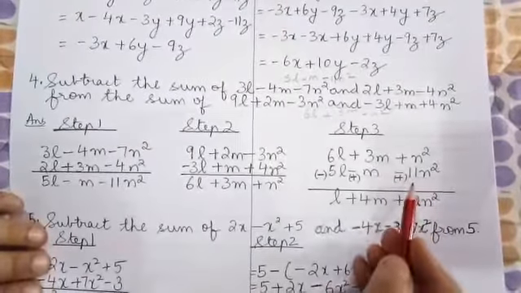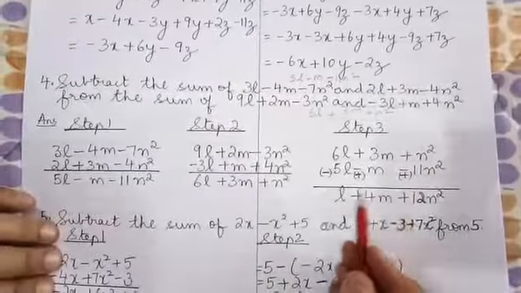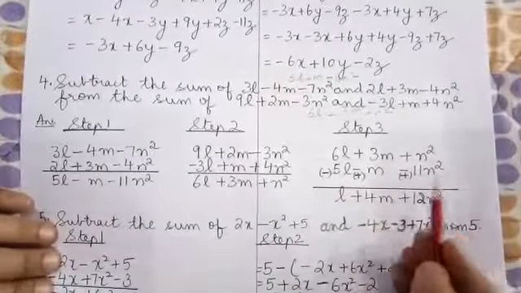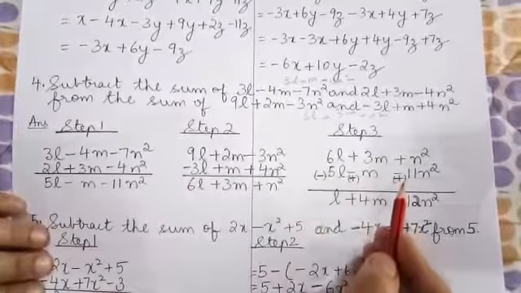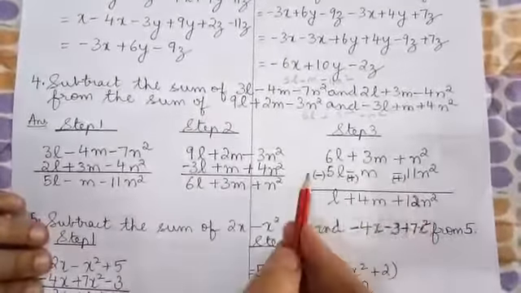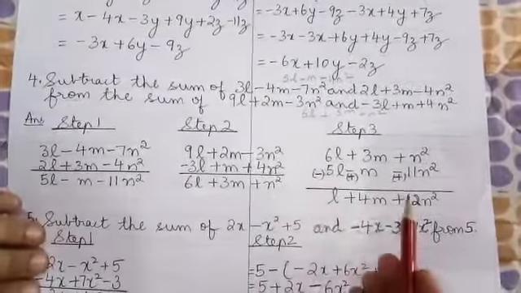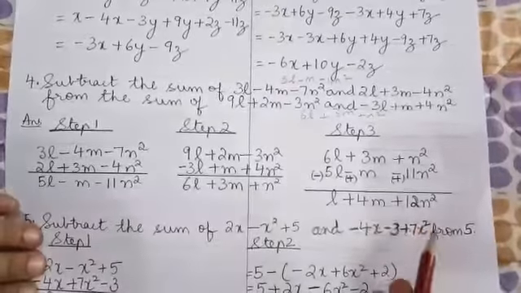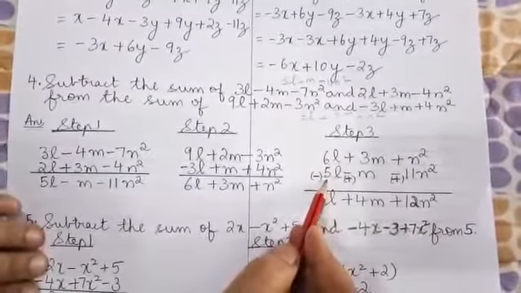So when we are subtracting using this vertical method, we need to change the signs of every term in the second expression. Plus becomes minus, minus becomes plus, minus becomes plus. The changed sign should be enclosed in a simple bracket. Now perform the calculations using the new signs. 6l minus 5l.